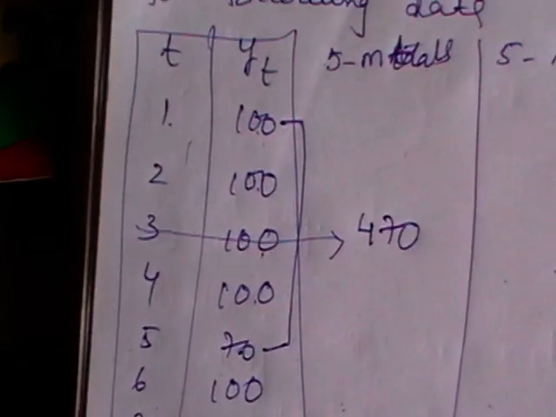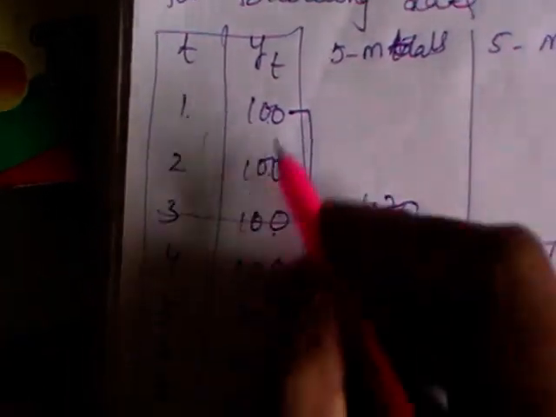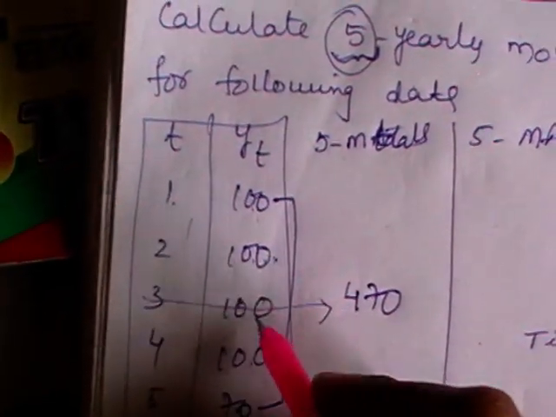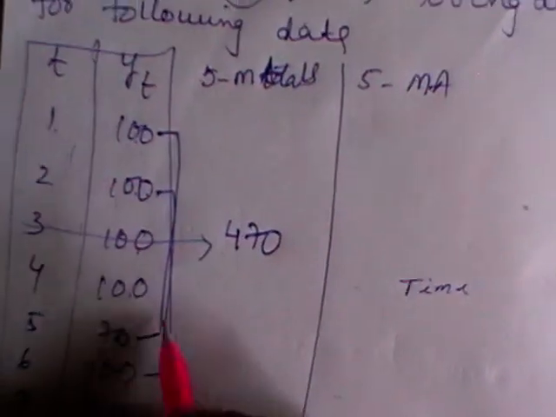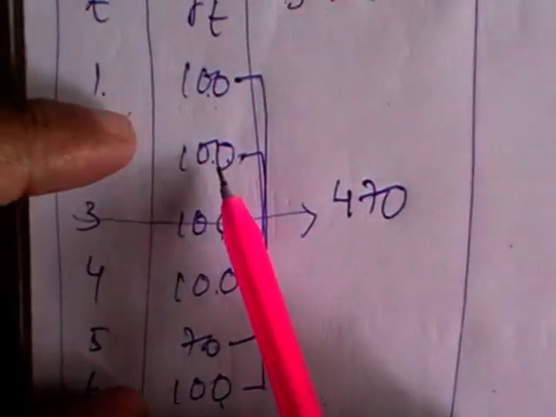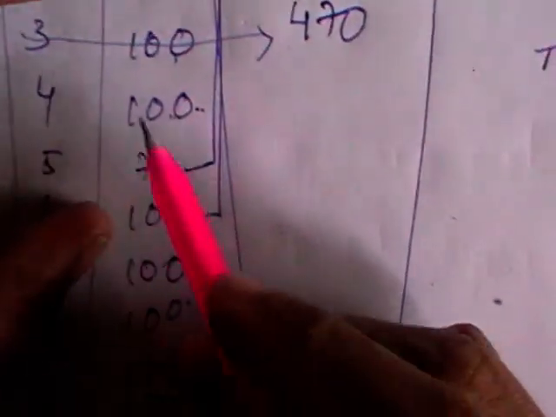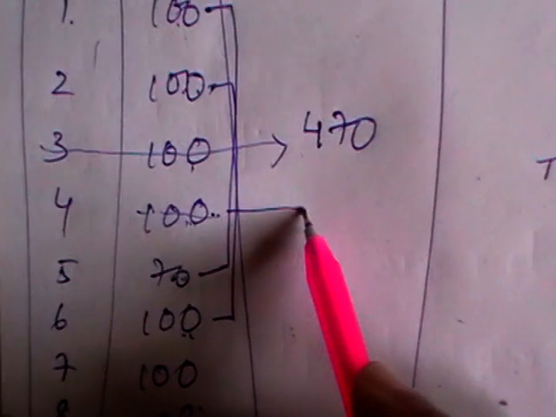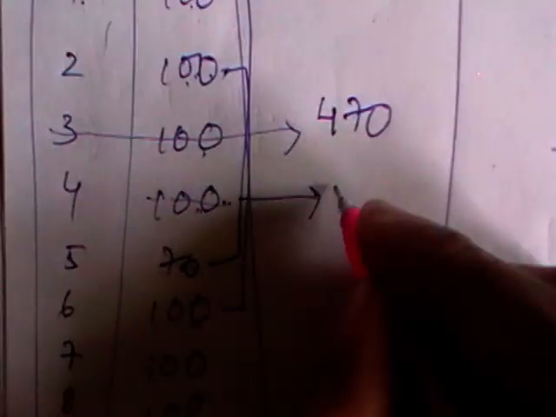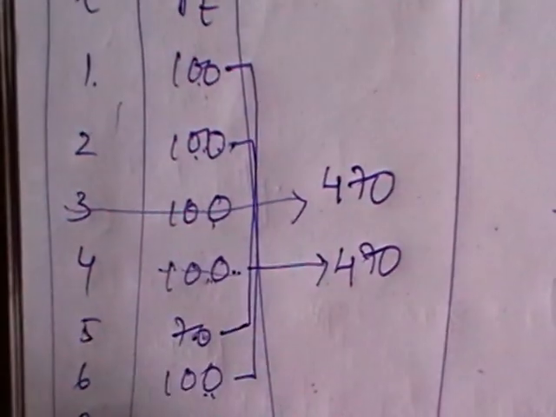Now if you want to calculate the next total, start from the second observation and count 5: 1, 2, 3, 4, 5. You add these 5 observations and place the total against the middle value of those 5 observations, which is the fourth.